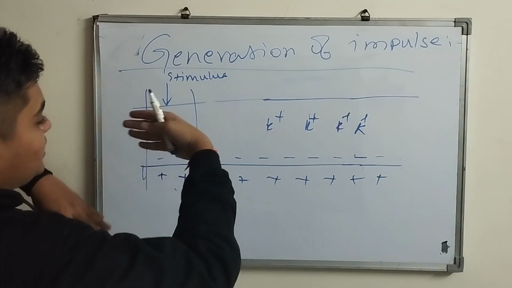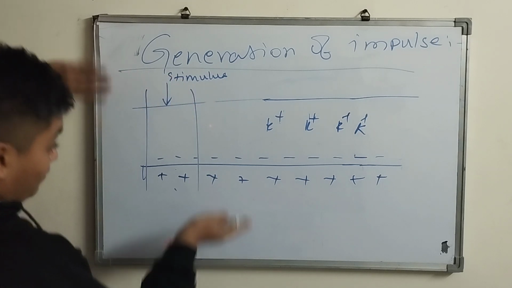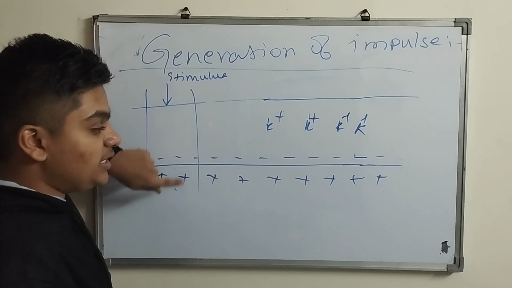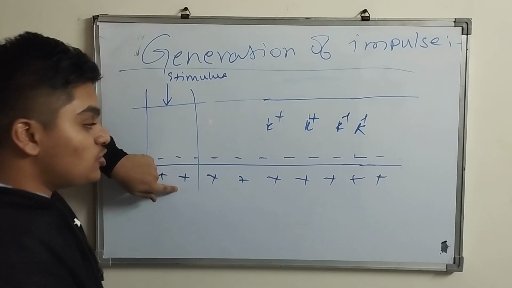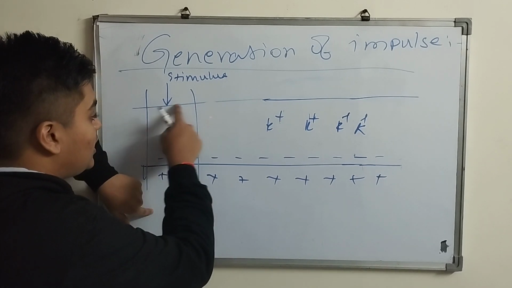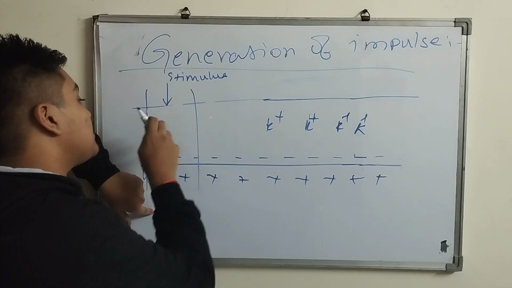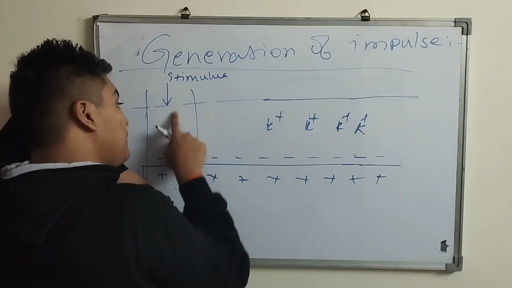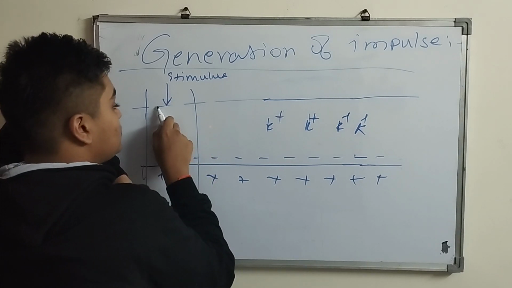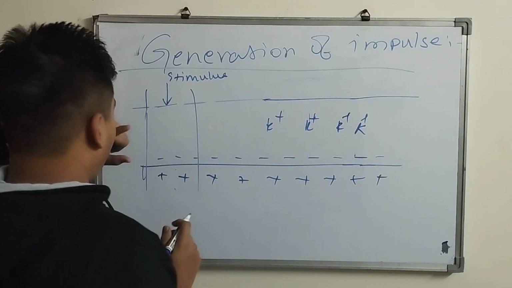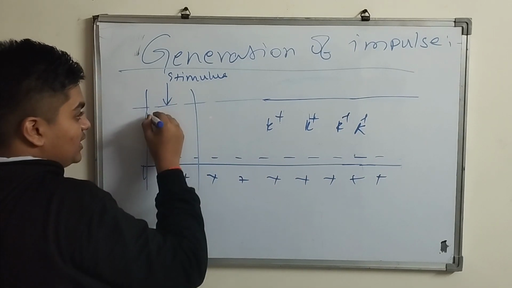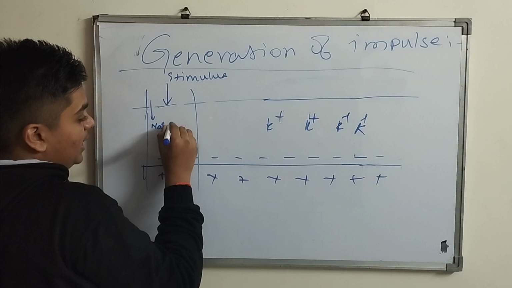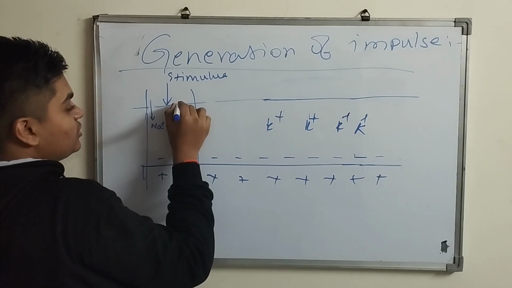Before, this membrane was freely permeable to K plus ions and nearly impermeable to Na plus ions. Now at the site of the stimulus application, the membrane is freely permeable to Na plus rather than K plus. Na plus comes in and negative charges go out.